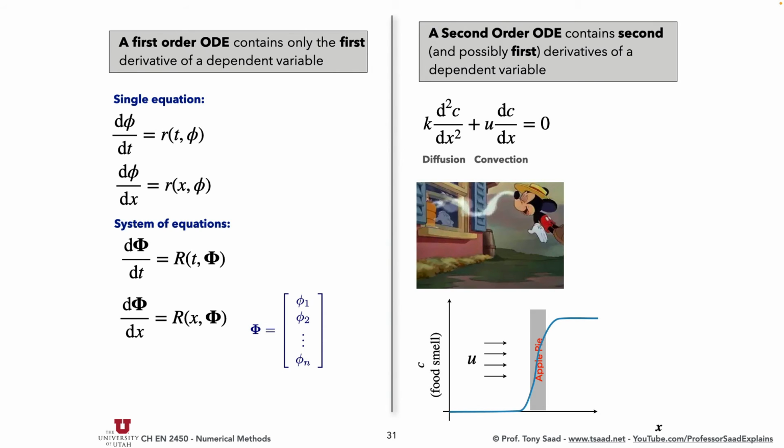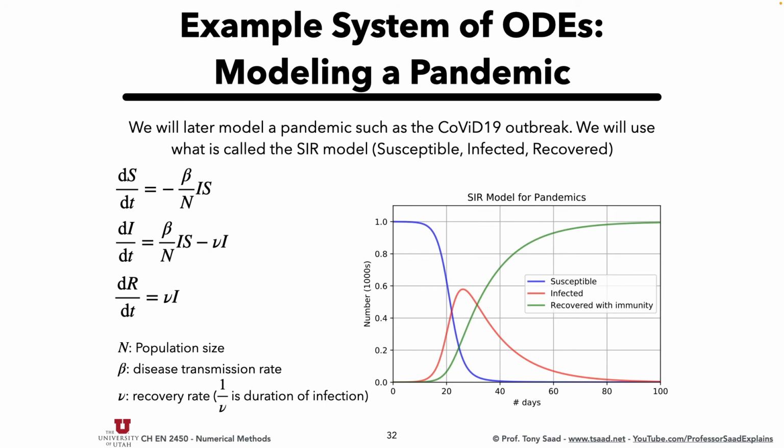So there's diffusion and advection. If you have an apple pie here and some wind blowing, you smell it and you're attracted to the pie. Actually, a lot of creatures, us included, rely on our sense of smell to determine direction, so our brain is essentially solving an inverse ODE problem, trying to figure out where that smell is coming from.